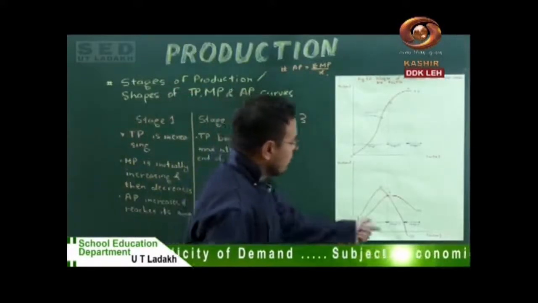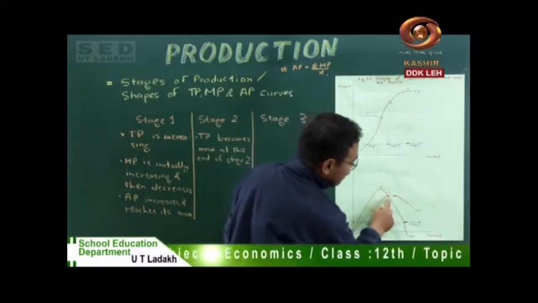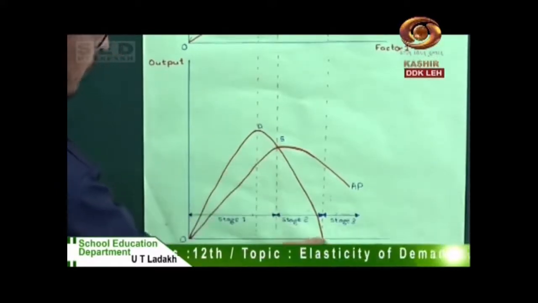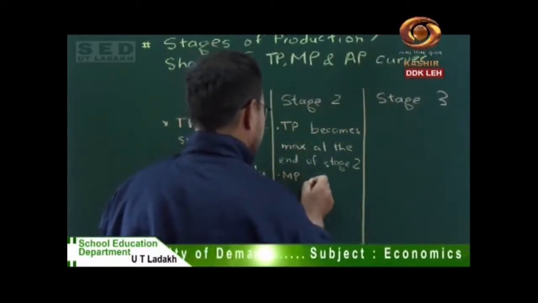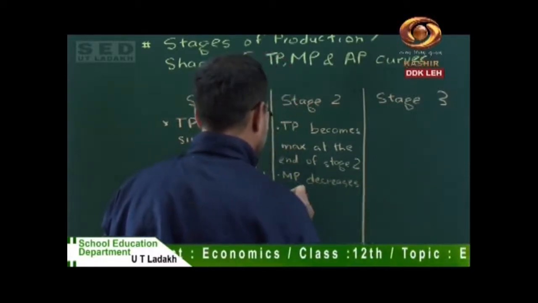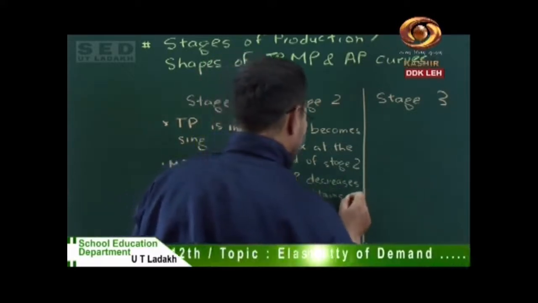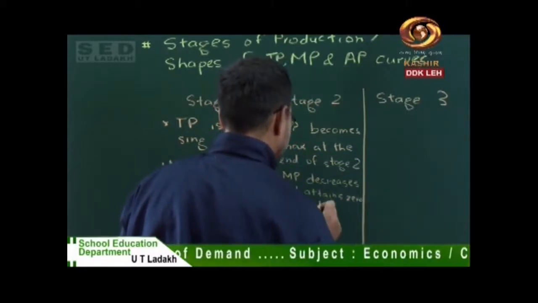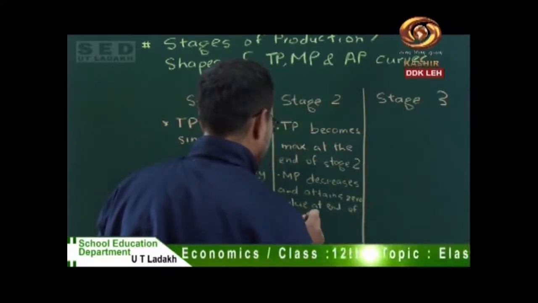Now as far as MP is concerned, your marginal productivity curve is now completely decreasing. From point S up to this point, it is decreasing, and MP decreases and attains zero value at the end of stage 2.